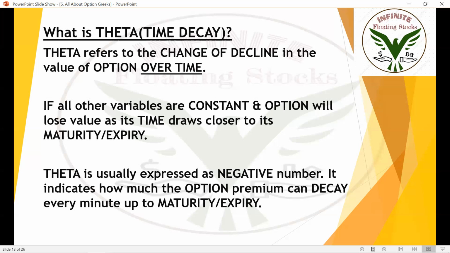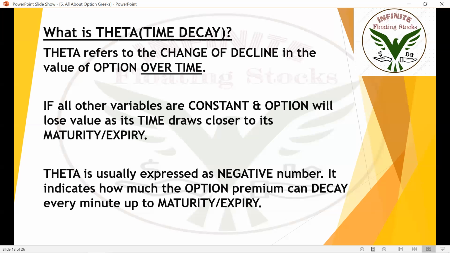Imagine that there is no movement in Nifty. Imagine that Nifty stayed at 14,150 on Monday, Tuesday, Wednesday, Thursday. Option premium is 80 rupees on Monday.